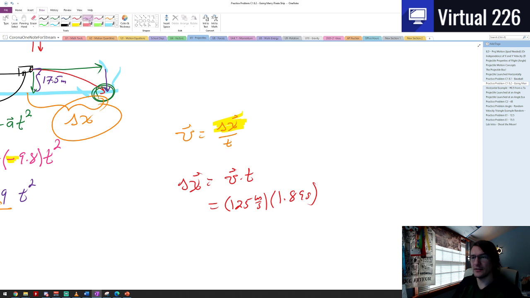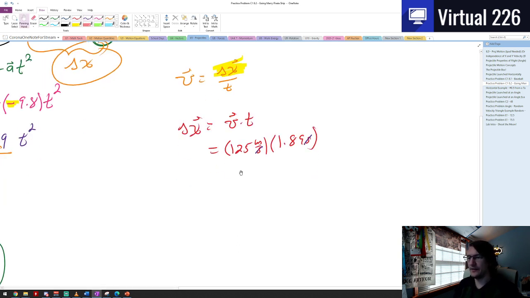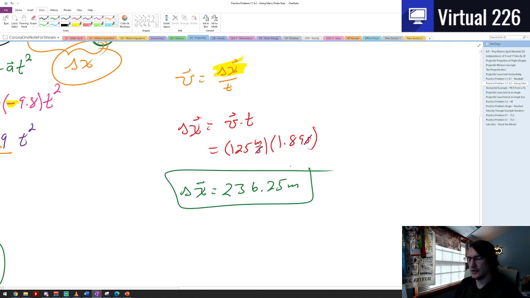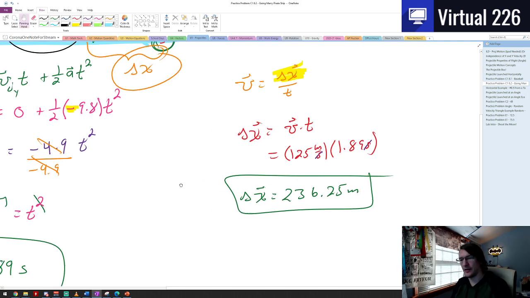We see that the seconds easily cancel out here. And 125 times 1.89 is, that's a pretty big number. Our delta x here is 236.25 meters. And that's it. That's our answer for how far the cannonball went.